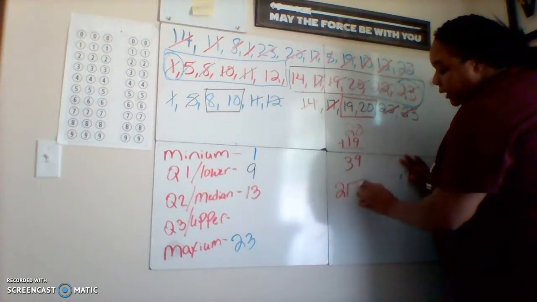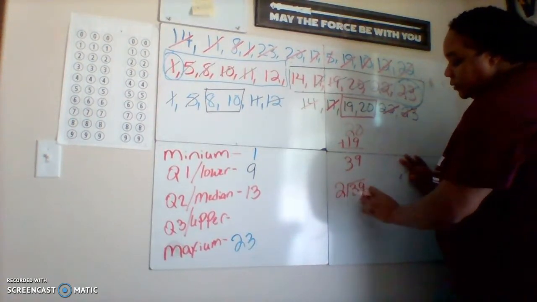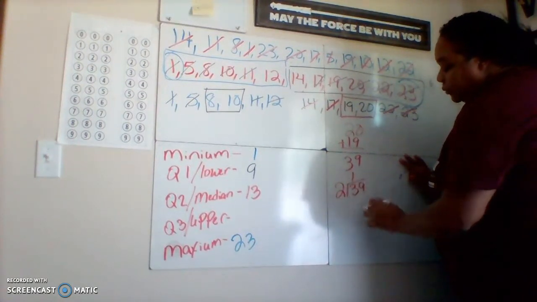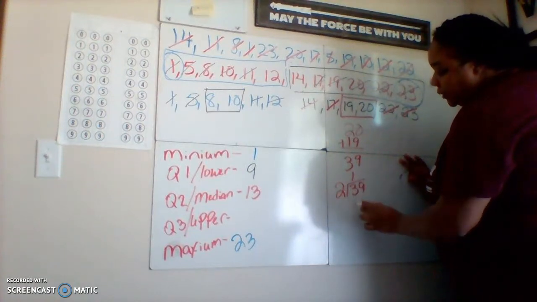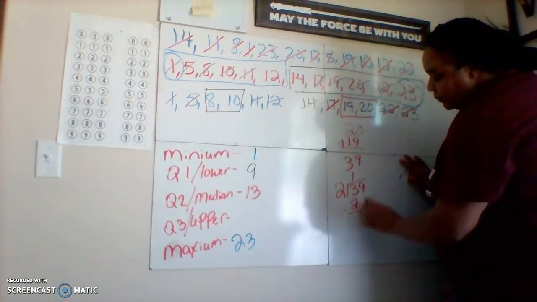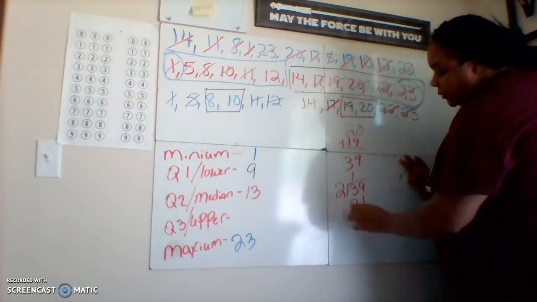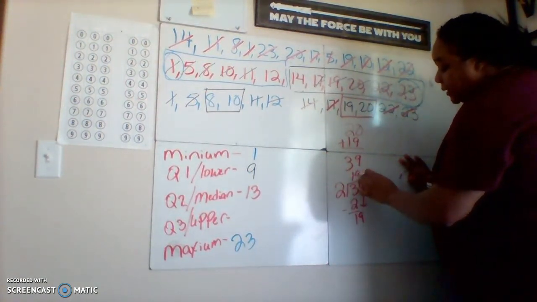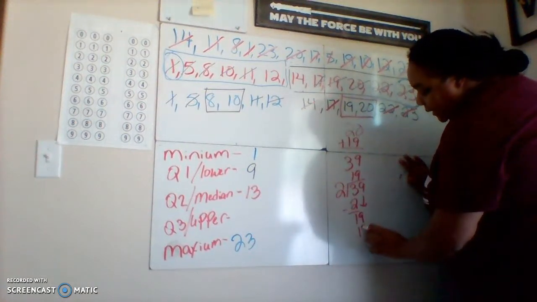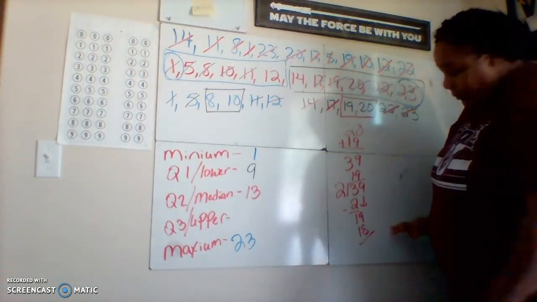2 into 39. 2 goes into 3 one time. 2 times 1 is 2. Subtract. I got 1. Can 2 go into 1? No. I have a 9, so let me bring that 9 down. 2 goes into 19 how many times? 9 times, because 2 times 9 is 18. Subtract.